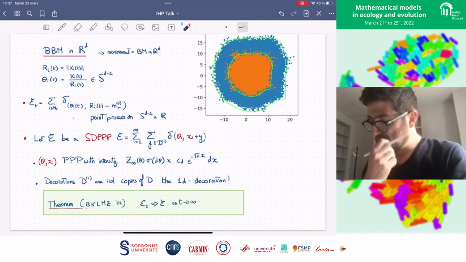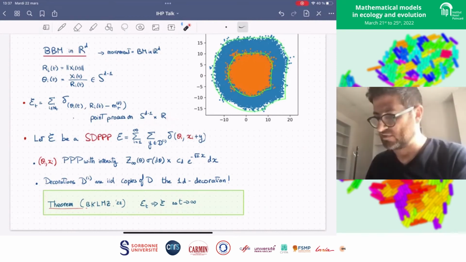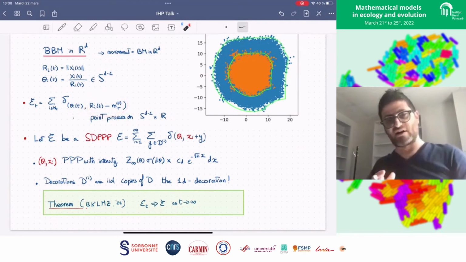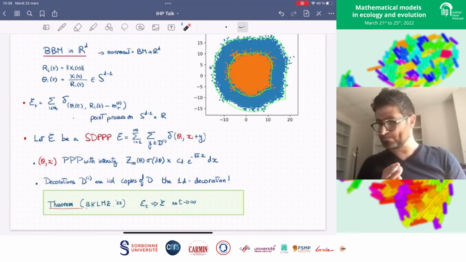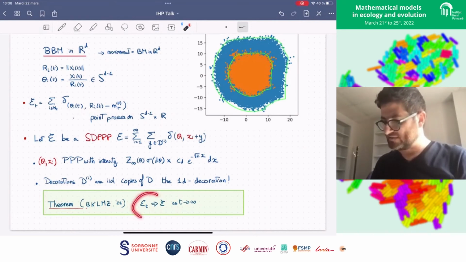So let me call script E_t here a point process, but now I'm going to record both the direction on the sphere and the centered modulus, so really R. This is the sum of the Dirac masses at theta_i(t), the direction of particle i at time t, and of the centered distance to 0, R_i(t) minus m_t. My candidate limit object, the end result, is that this converges to something, and the limit is script E.